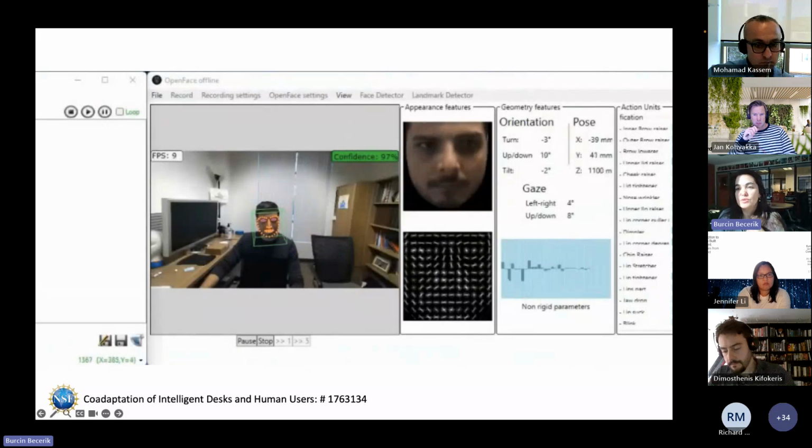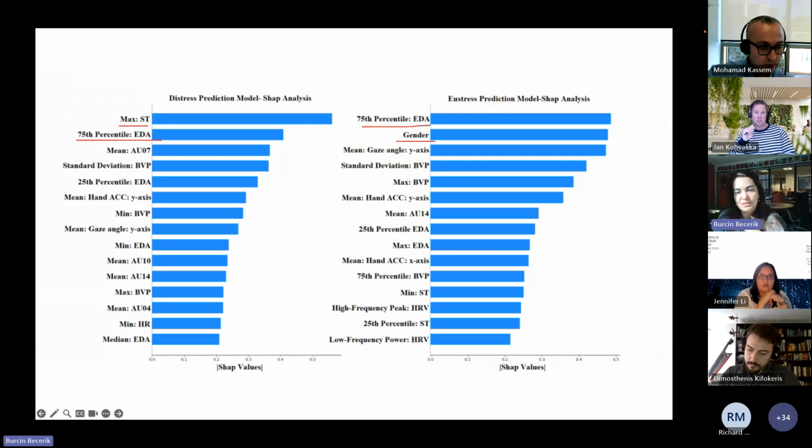Female participants perceive the task to be more on the eustress side than the distress side. But here are two graphs that show what data modalities are best suited for the prediction of eustress and distress. As you can see, gender was the second most important feature in the prediction of eustress.